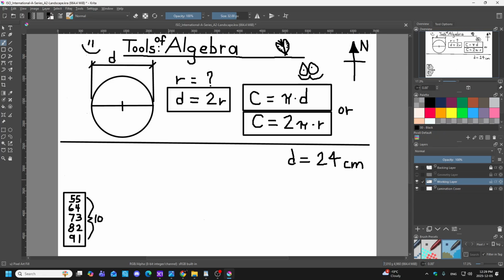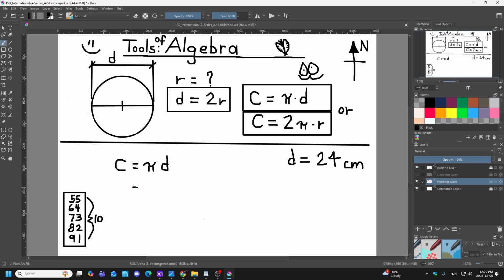C equals pi times d. Anytime you have a variable or a symbol beside each other, always assume or infer multiplication.